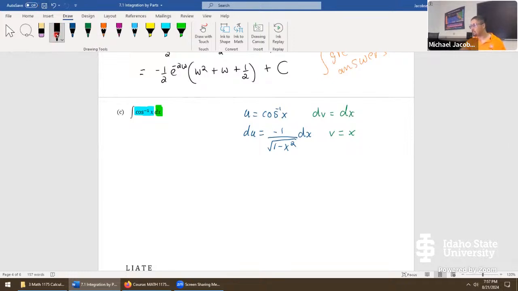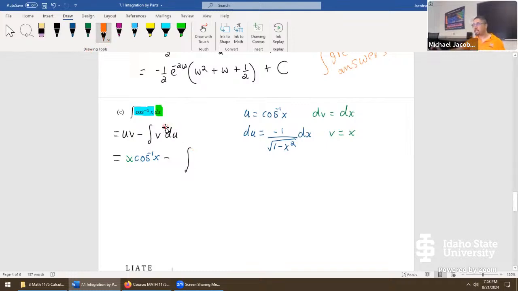Let's write this in as equals uv minus the integral v du. And now we're just throwing in each of these components. So u and v is just taking these two. I'll write that in as x cosine inverse x minus the integral sign, and then a little bit of space because we have some constants to consider.